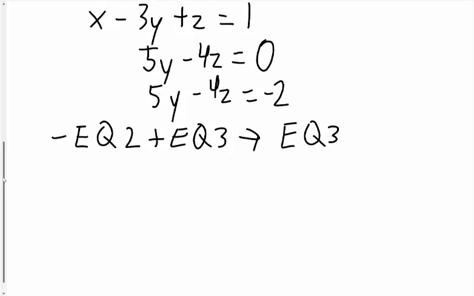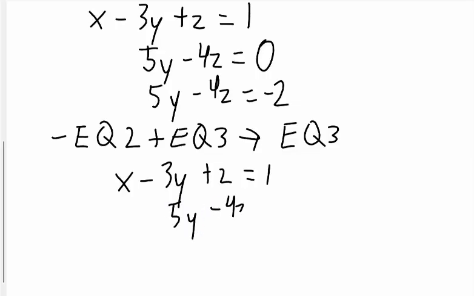Some of you may see what's going to happen. Just hold on. So our first equation is x minus 3y plus z equals 1. Our second equation stays the same, 5y minus 4z equals 0.